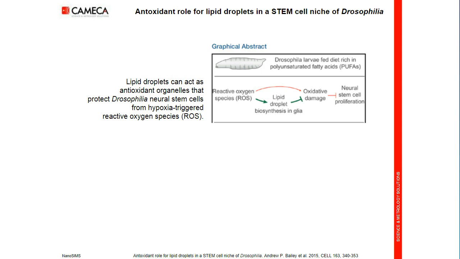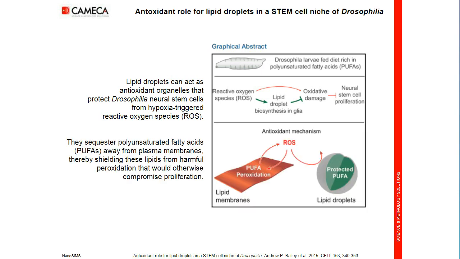And these lipid droplets sequester polyunsaturated fatty acids, PUFAs, away from plasma membranes, thereby shielding these lipids from harmful peroxidation.